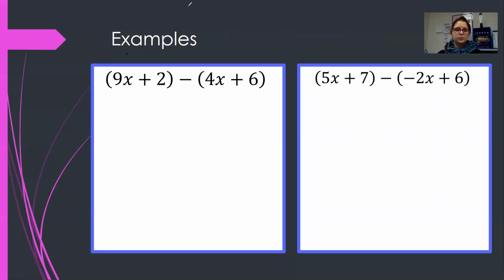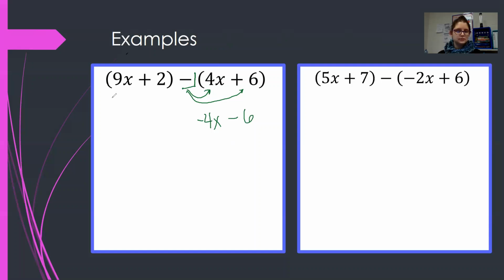So in this first example, we want to introduce our 1 beside our subtract symbol. We're going to think about it as a negative 1 and distribute it to everything in the second set of parentheses. So negative 1 times 4x is a negative 4x. Negative 1 times 6 is a negative 6.